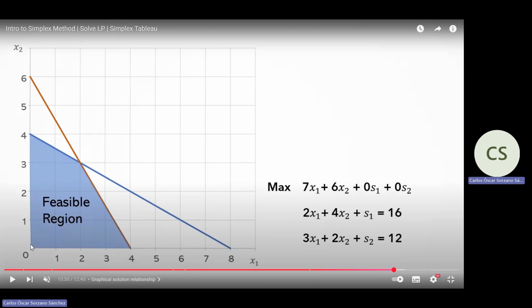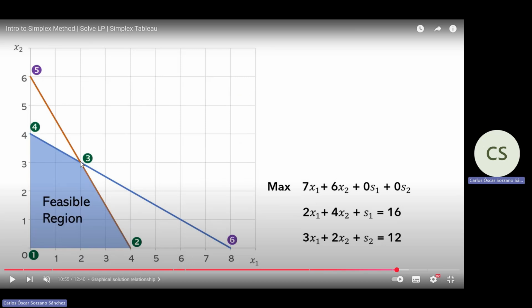We started here and we started to move in this direction. So we started at 0, 0. Then x1 got into the solution. You may remember the first solution for x1 was 4. So actually we went to this coordinate. And then after the second iteration, we have gone to this one.